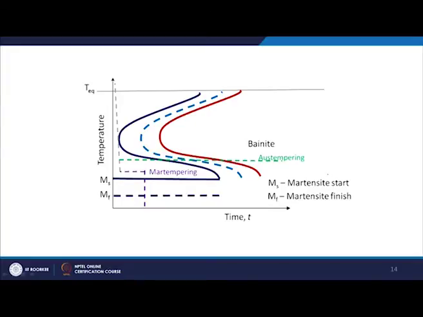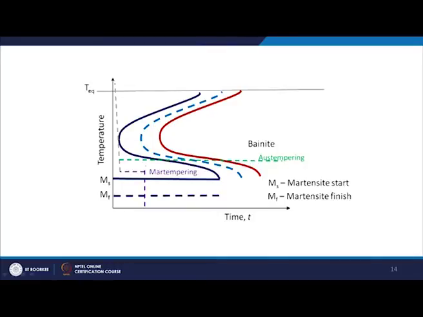In Marr tempering you do very fast quenching, just avoiding the nose where the diffusional transformation can take place, and then we hold just above the martensite start temperature to have an equalized temperature throughout the sample. By this we are trying to reduce the thermal stresses in the material.